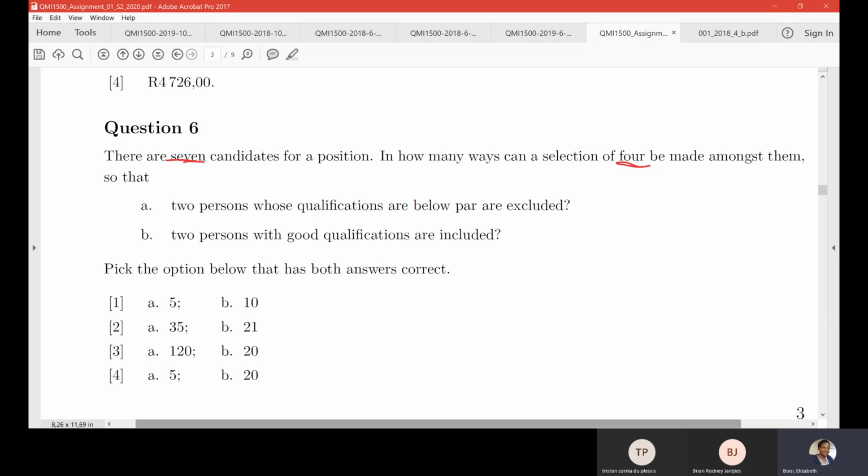So now they're talking about no replacement of those things. Even though they are selecting 4, they say 2 people will be excluded. And the other one says 2 persons with good qualifications are included. So there is a replacement and a non-replacement also. Which one do you use?